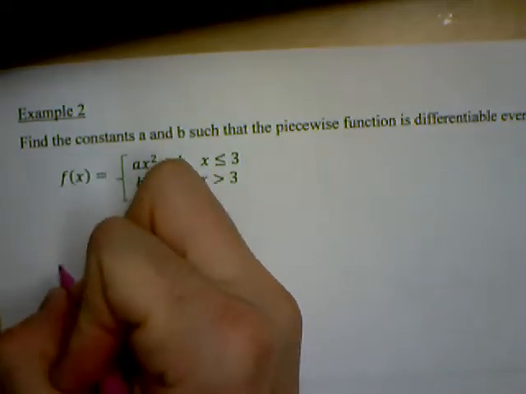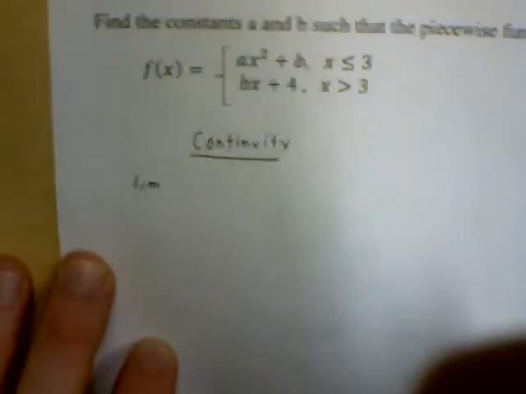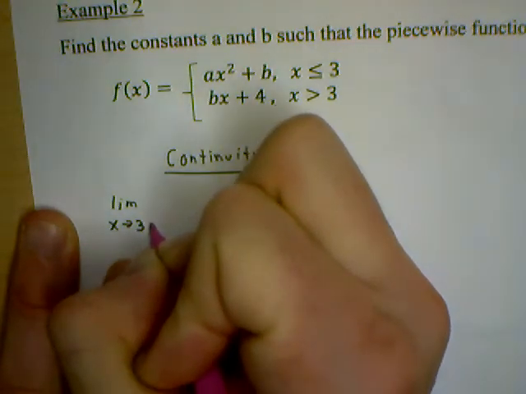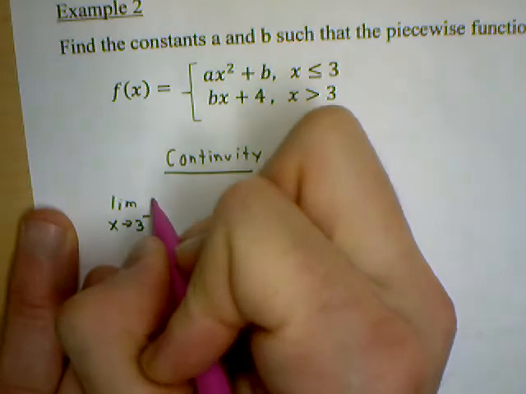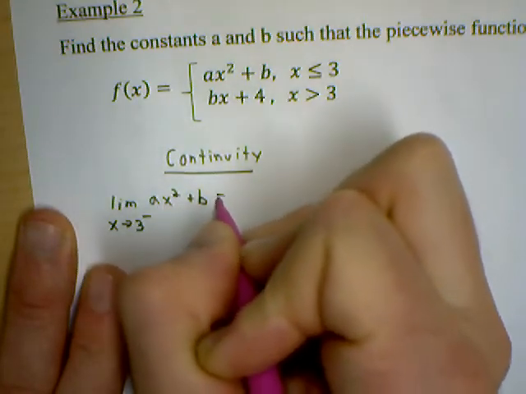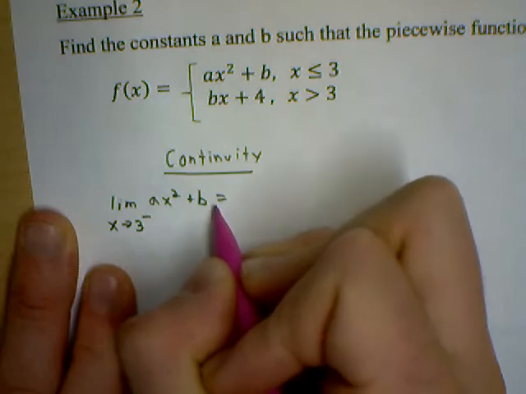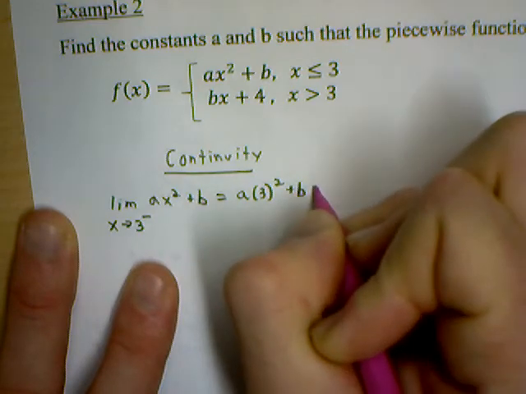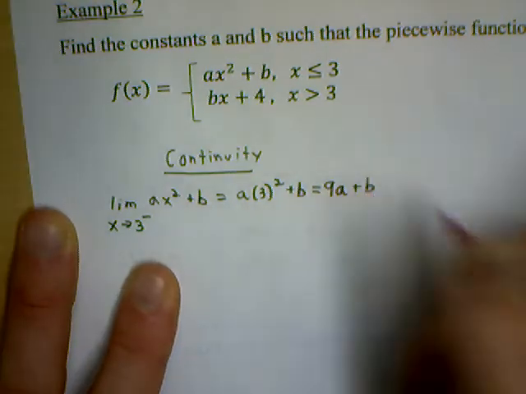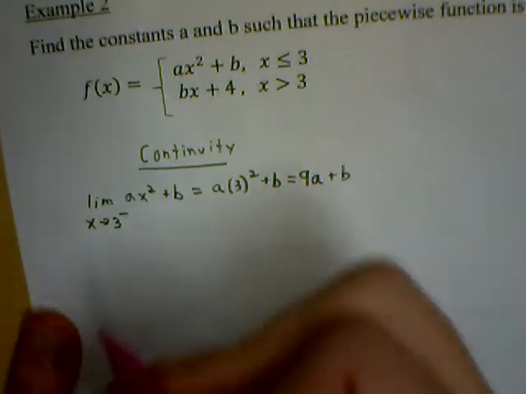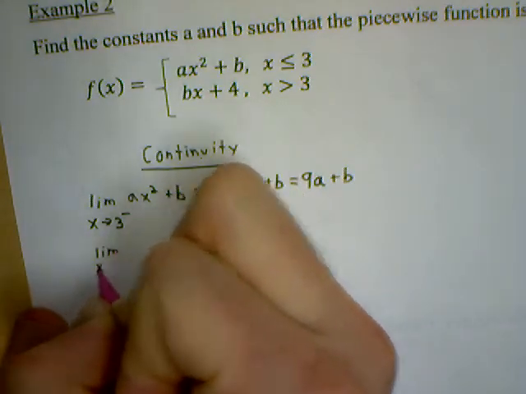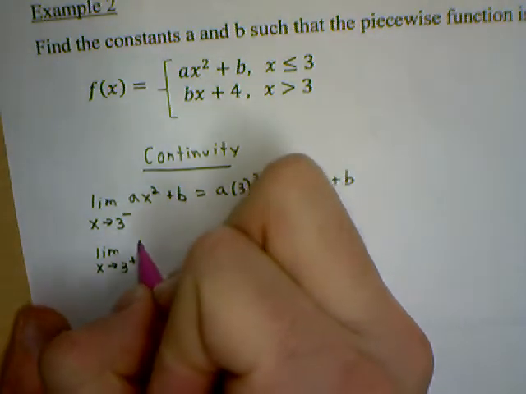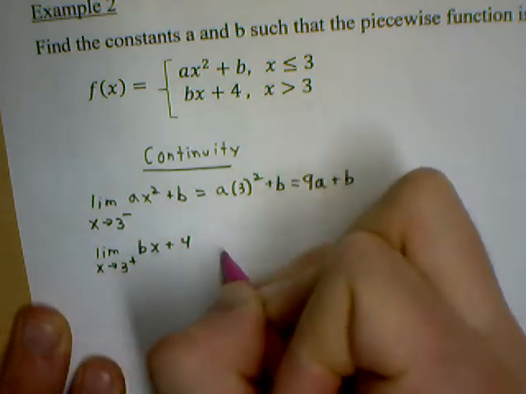I'm going to take the limit as x approaches 3 from the left of ax squared plus b. You plug in 3 for x, and I get a times 3 squared plus b, which is 9a plus b. Next thing, I'm going to check the limit from the right, that's bx plus 4.